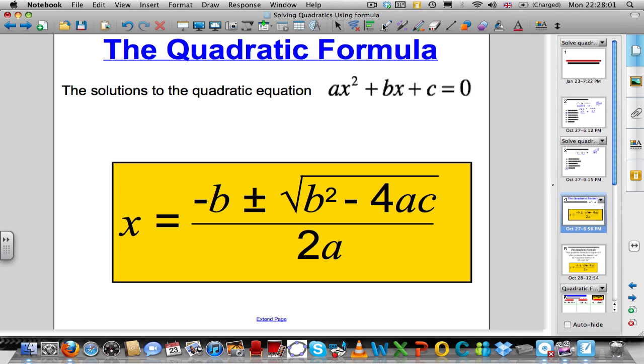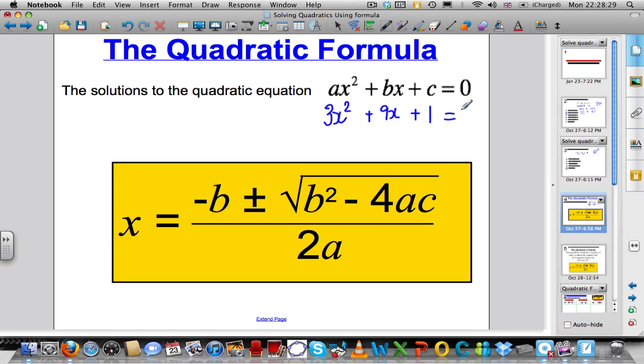Let's just briefly describe what it's saying. If you've got a quadratic equation of the form a, some number, times x squared, plus b, some number, times x, plus c, just a number, and that is equal to 0. For example, let's say 3x squared plus 9x plus 1.